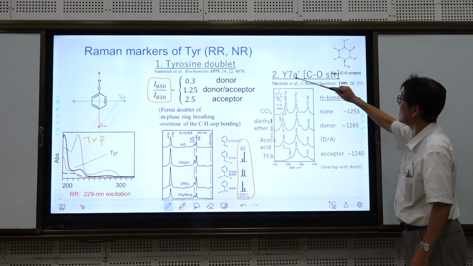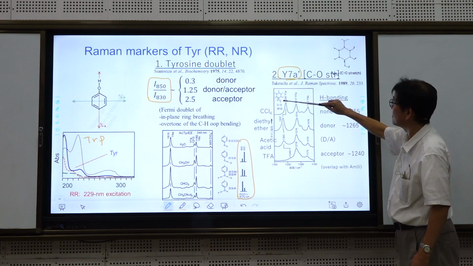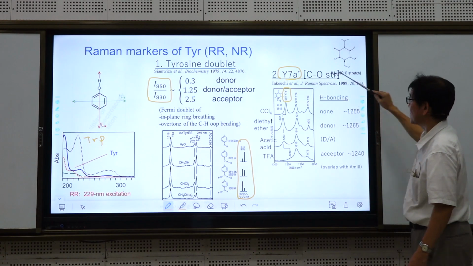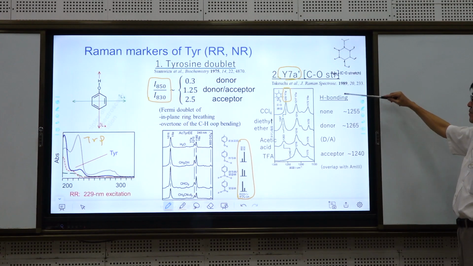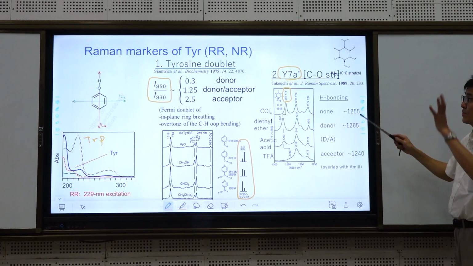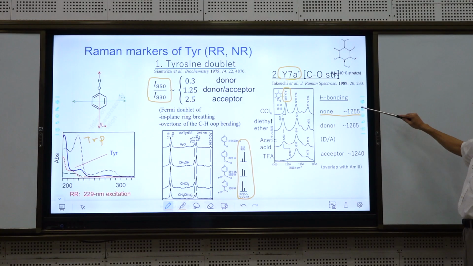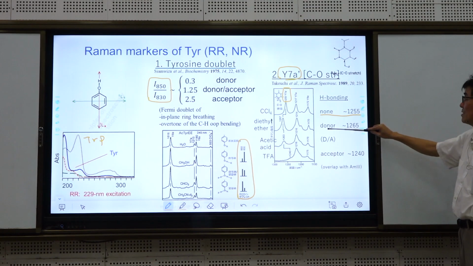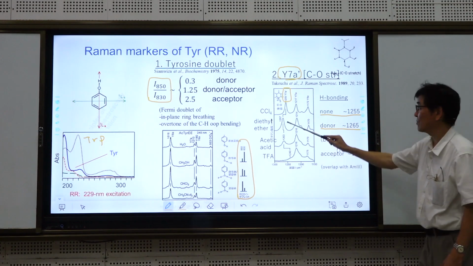Also, the peak at the so-called Y7A prime, the CO single bond stretch. The peak position changes depending on the hydrogen bonding. So if it is isolated and there is no hydrogen bonding, it is 1255. If it is a hydrogen bonding donor, it moves to a higher position.